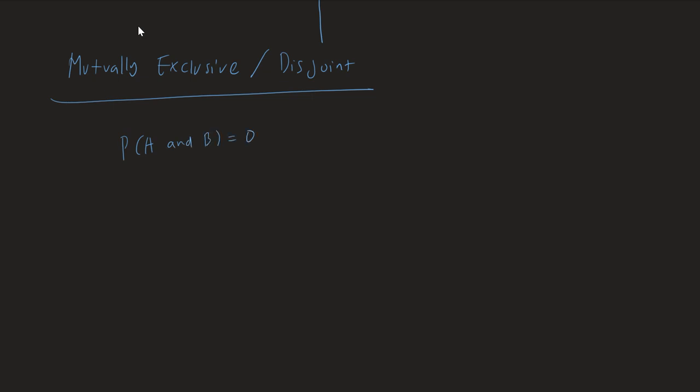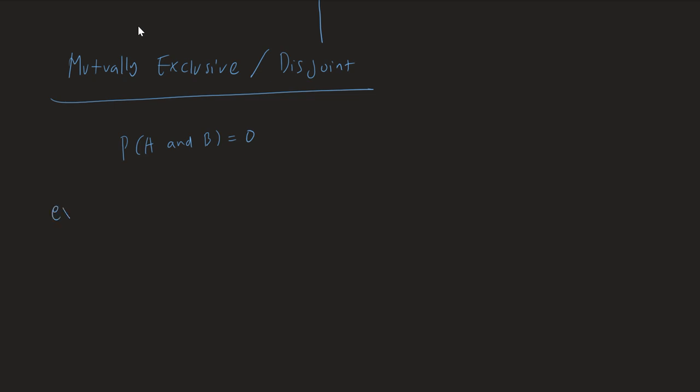This is mutually exclusive. That's only for addition, correct? Yes. So probability of A and B is 0, because event A and event B cannot happen at the same time, cannot happen together.